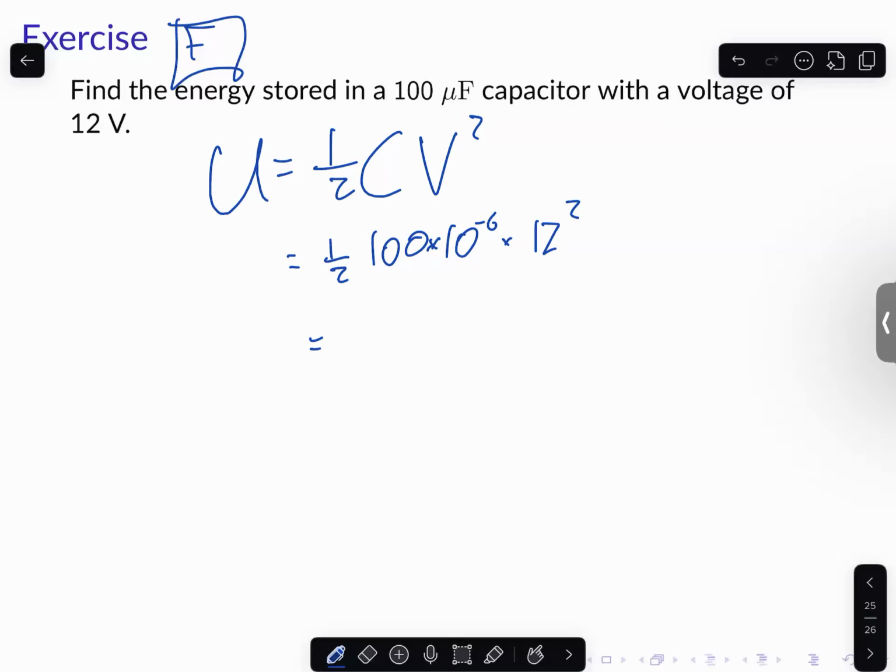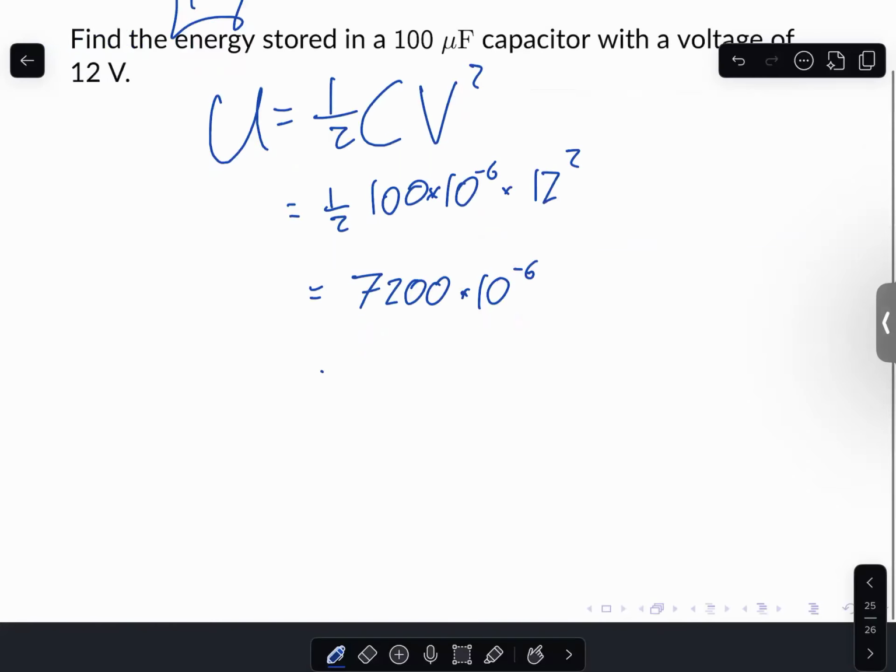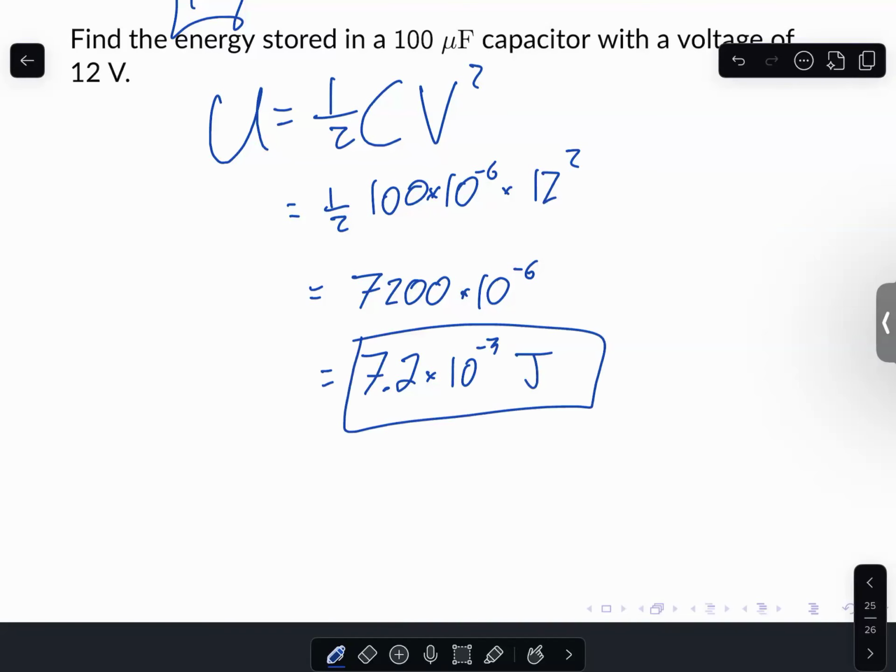Divided by 2 is 72. So I turn this into 7,200 micro, or also called 7.2 milli, or 7.2 times 10 to the minus 3 joules. Any of the ways of saying it are equivalent, or 0.0072 if you wish.